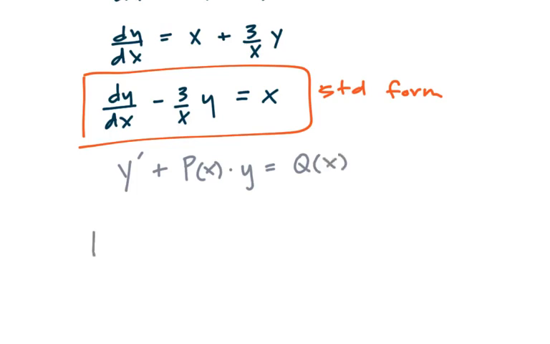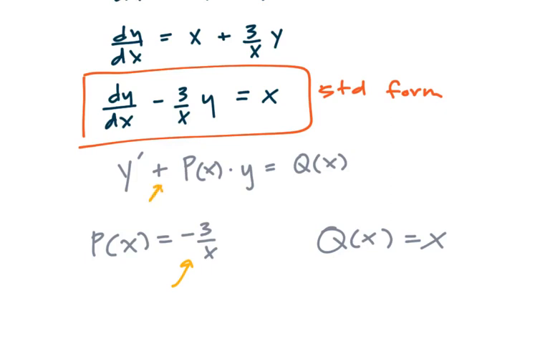So in this case, p of x is negative 3 over x, and q of x is equal to just x. And I want to make sure you notice that that p of x value is going to be negative 3 over x. The standard form has a plus, so that negative carries through.